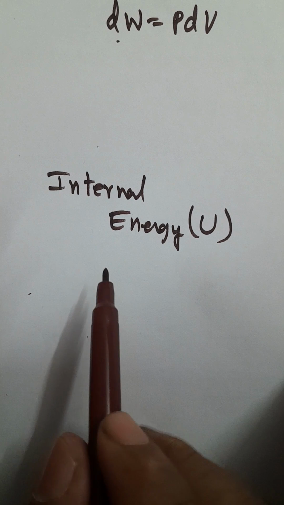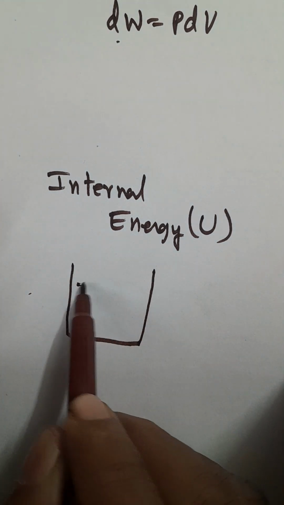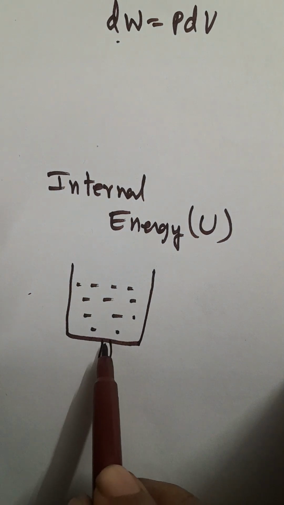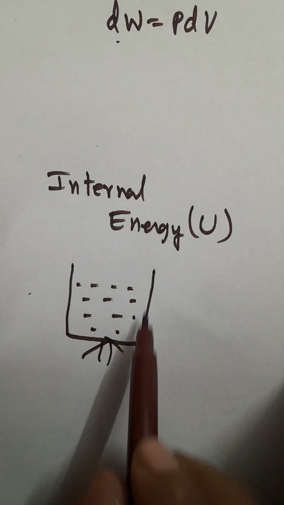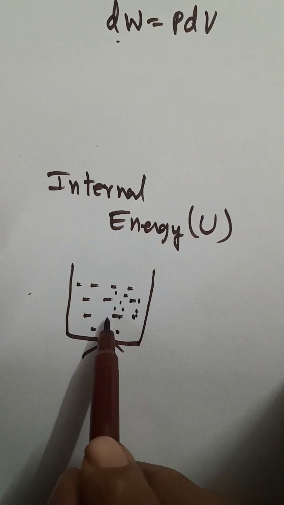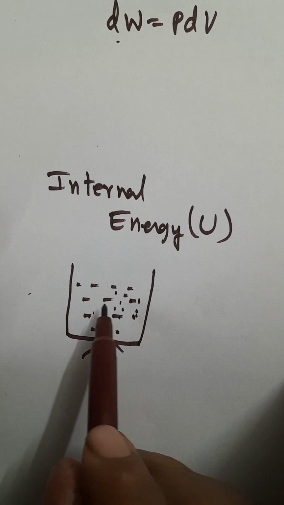Always remember, for example, if you consider a container in which water or some liquid is there, when we supply heat to this container, these molecules gain more kinetic energy.